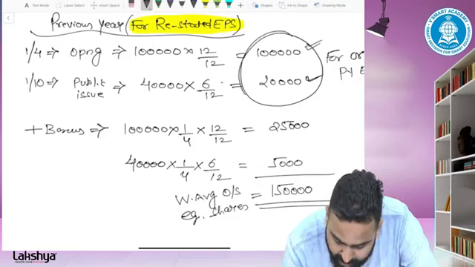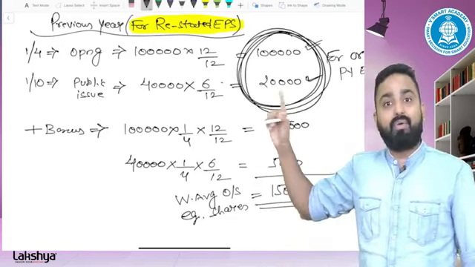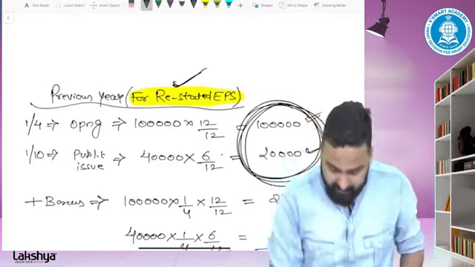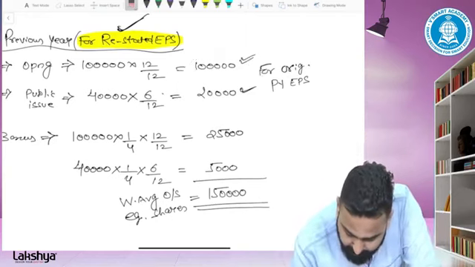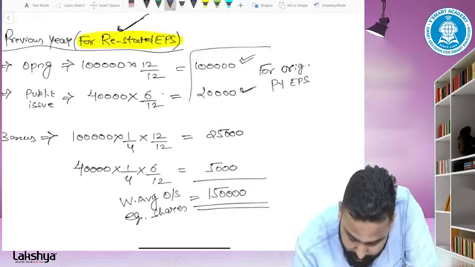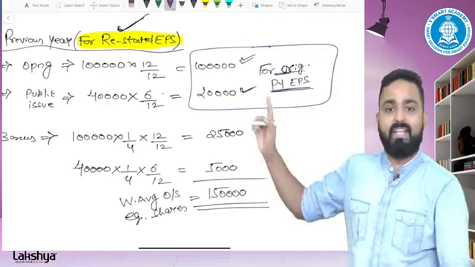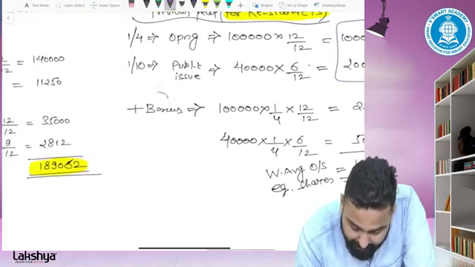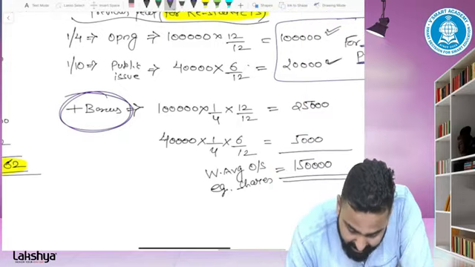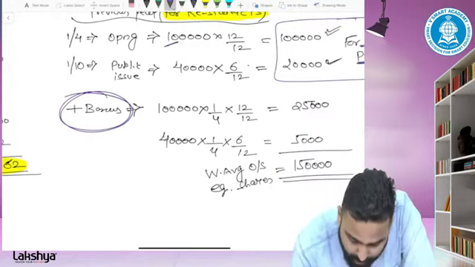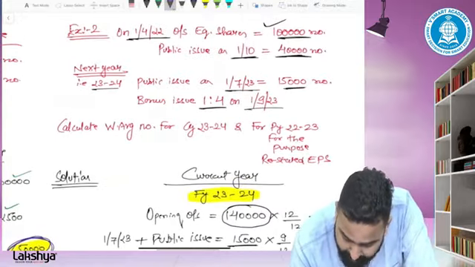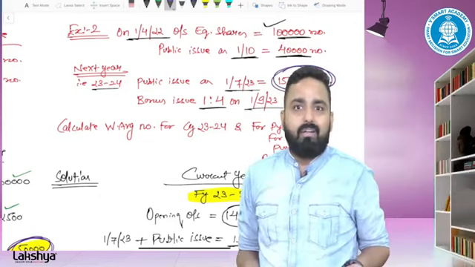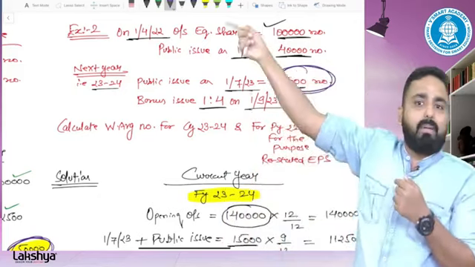Guys, 120 was the original weighted average, but here we are talking about restated. Yes, this 120 was the original weighted average for the previous year, but now as far as bonus is concerned, bonus will be given on this 1 lakh and on this 40. As far as the current year public issue of 15,000, we will ignore this because this 15,000 was not there in the earlier year.